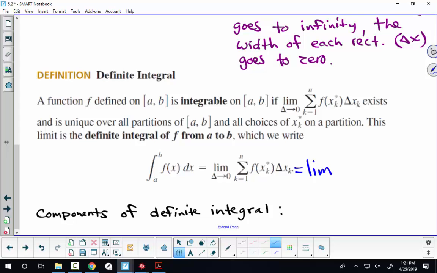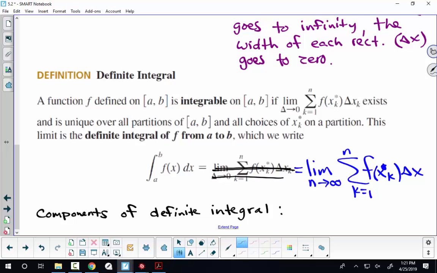The delta x approaching 0 is the same statement as n approaching infinity, and that's the one we're going to work with: the limit as n approaches infinity.